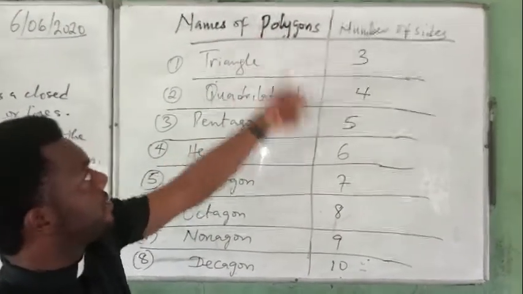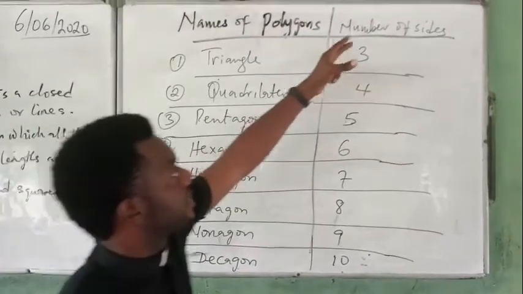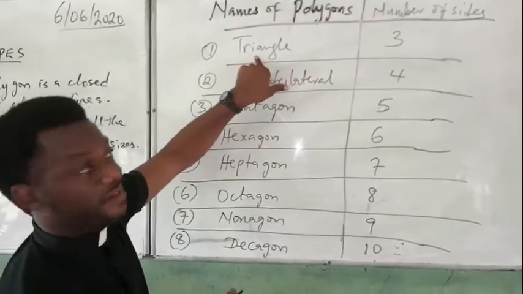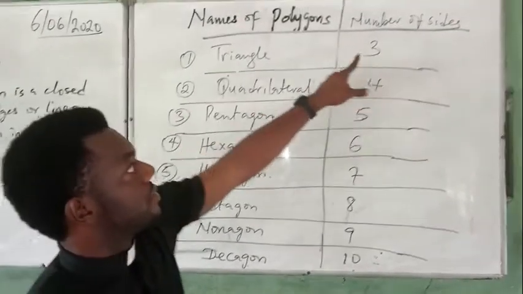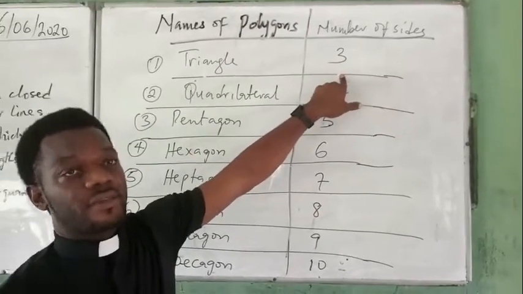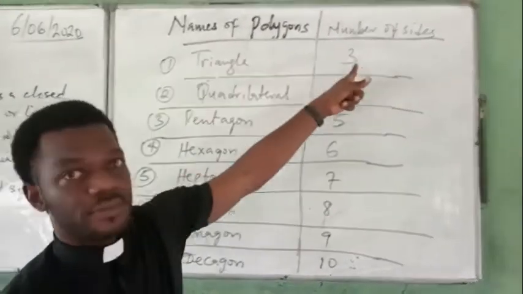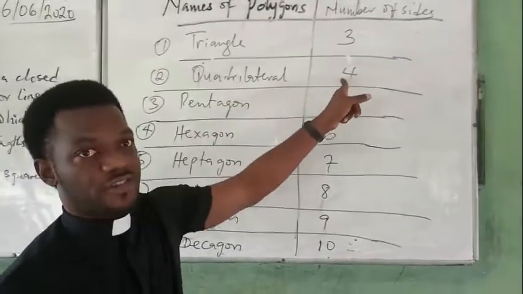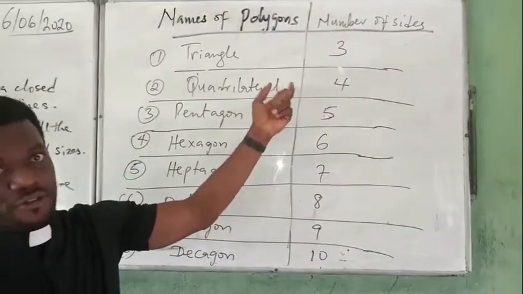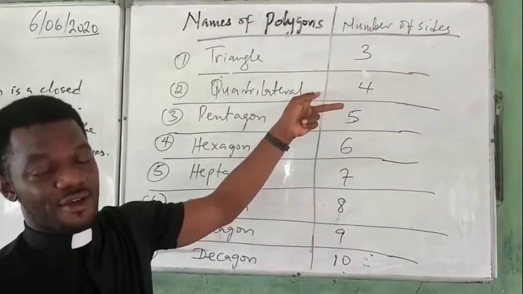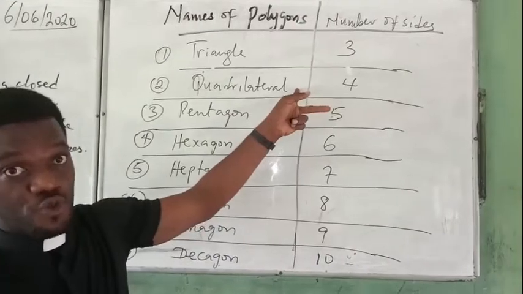So these are instances. Now we go to the names of polygons. There are different names of polygons we have in mathematics, according to the number of sides. The first one is the triangle, which we have discussed. The triangle has 3 sides, and each polygon is named according to its sides. Then the second one, quadrilateral, 4 sides. Rectangle is a quadrilateral, square is a quadrilateral.